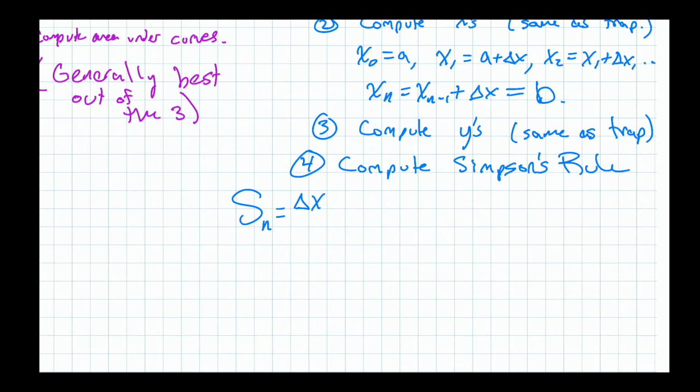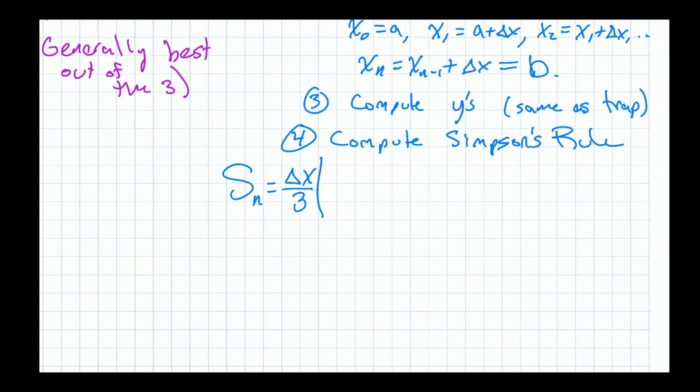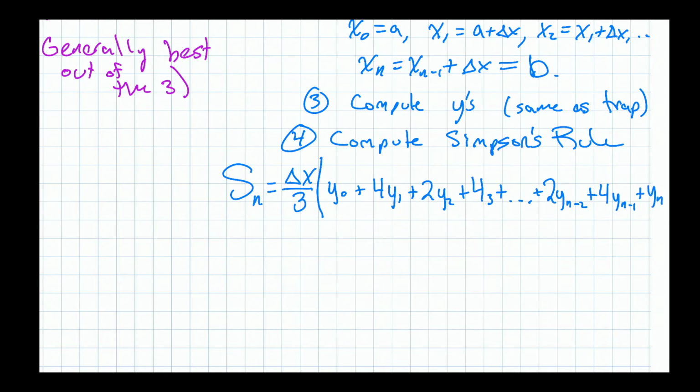It's delta x over 3 instead of delta x over 2 for the trapezoidal rule. And then the formula is y0, 4y1, 2y2, 4y3, dot dot dot. You keep alternating 4 and 2, then 2y(n minus 2), 4y(n minus 1), and then yn.